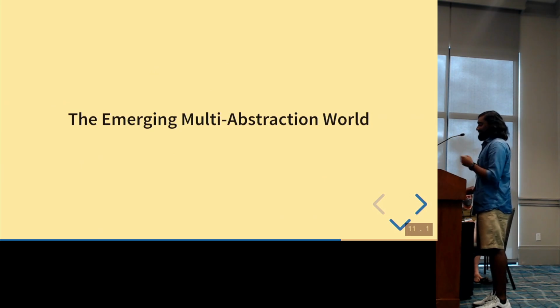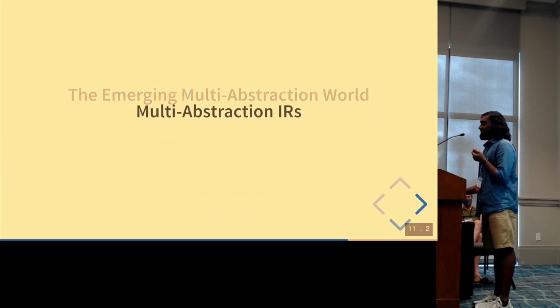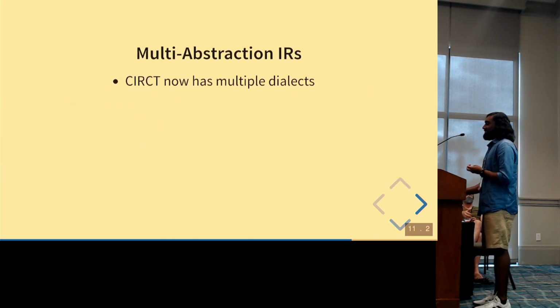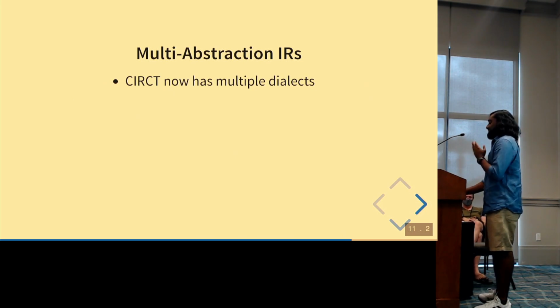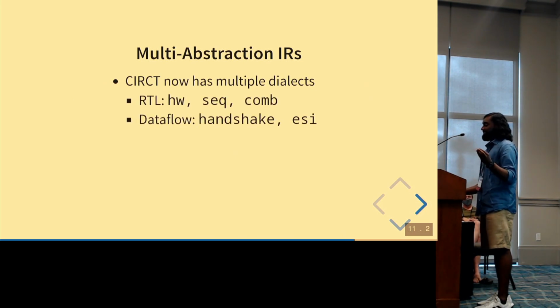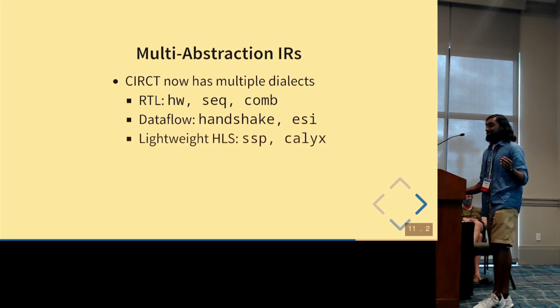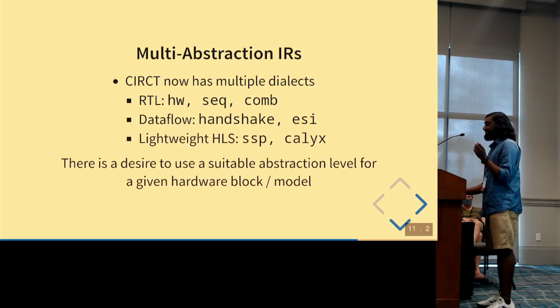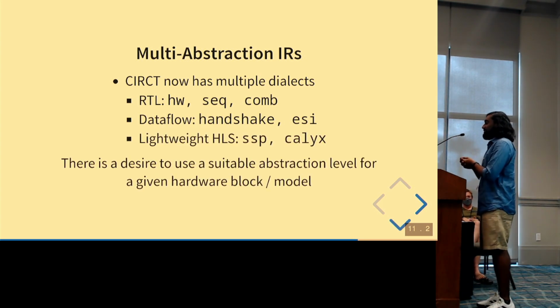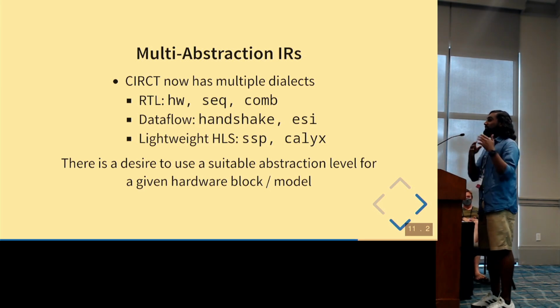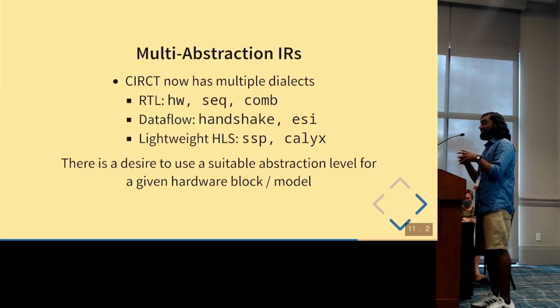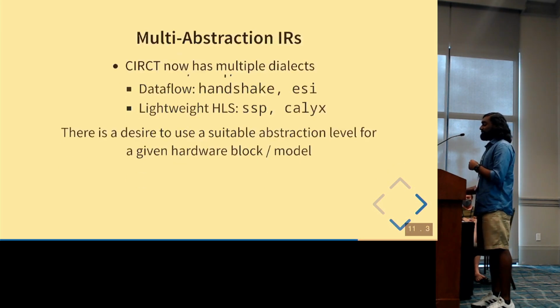So I want to note that we have this emerging world of multiple abstractions. CIRCT now has multiple dialects. We have RTL-type dialects, dataflow-level dialects, and lightweight HLS dialects. And there is a desire among hardware designers, I think, to use a suitable abstraction level when designing a given hardware block or a given hardware model.